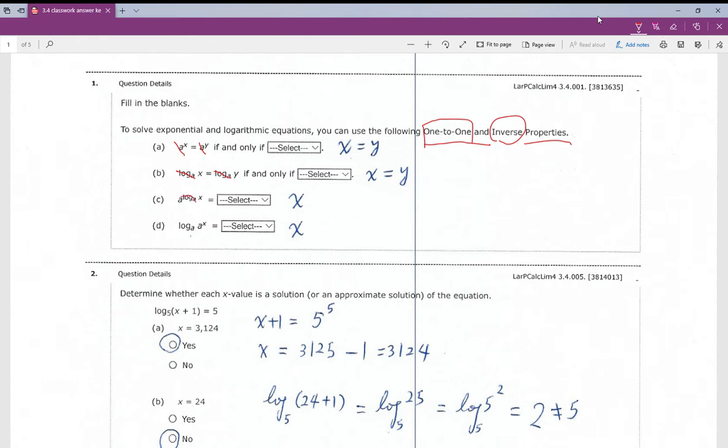Now, if log a and the log a are on different sides of the equal sign, then you simply cancel out. But if log a and the a are on the same side, then they are inverse functions, right? Exponential function a to the x equals y, and then log a.